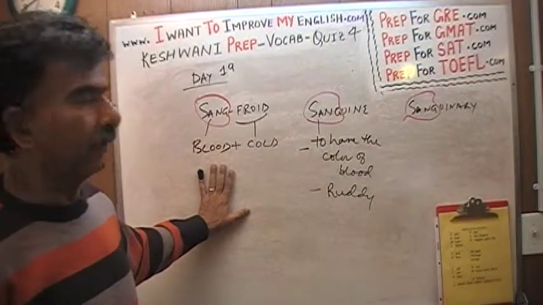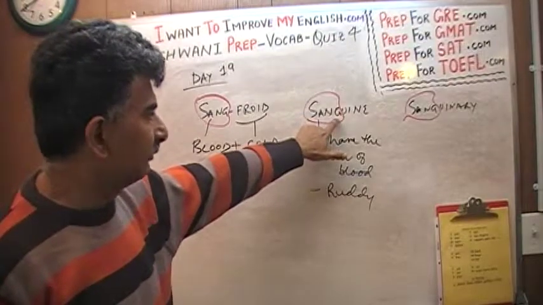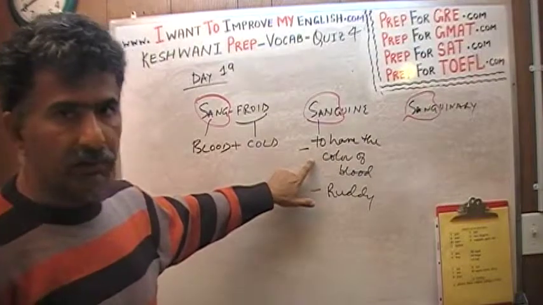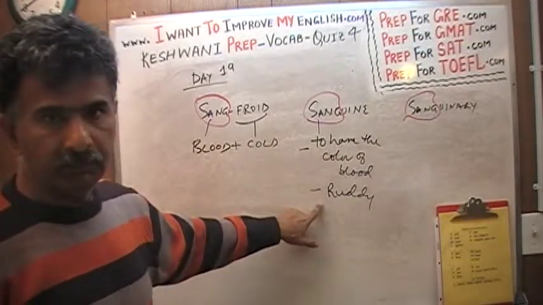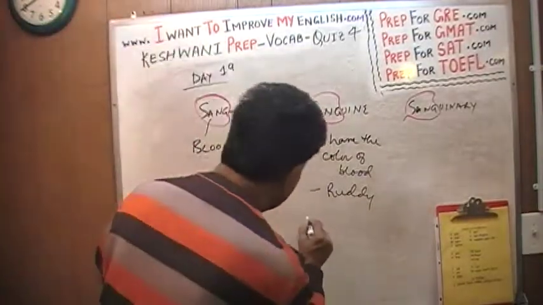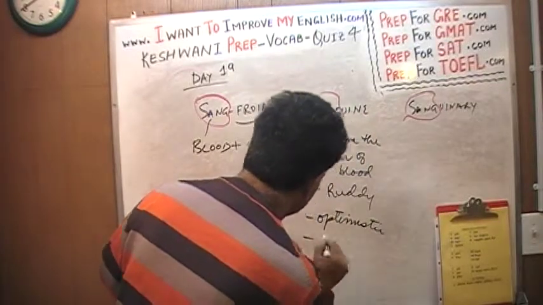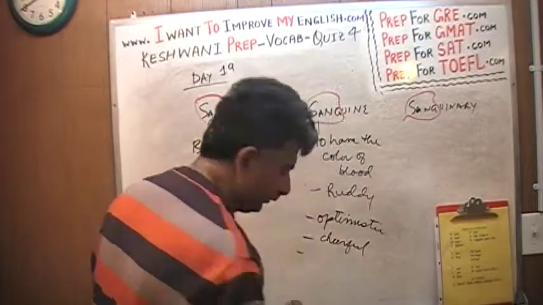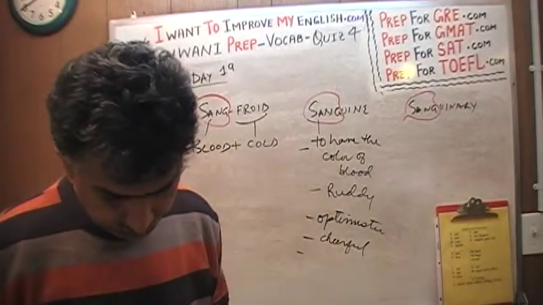Similarly here, sanguine means literally to be the color of blood. Metaphorically it means you're optimistic, you are cheerful, you're confident.